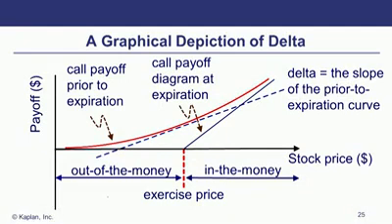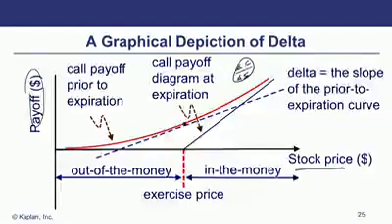Okay, and if you take a point, so let's take this point here, the slope at this point is essentially the change in the call price with respect to the underlying. But of course, that is how we define delta in the first place. So delta is the slope of the option premium curve.